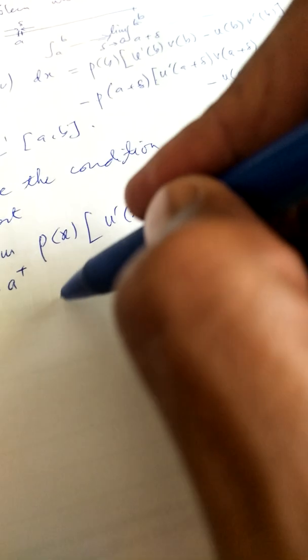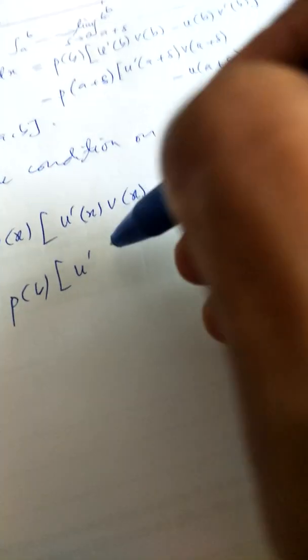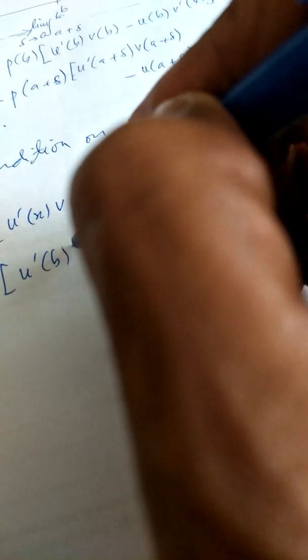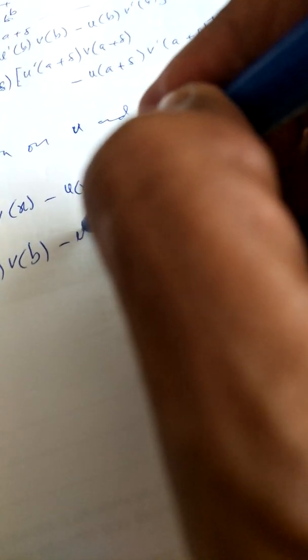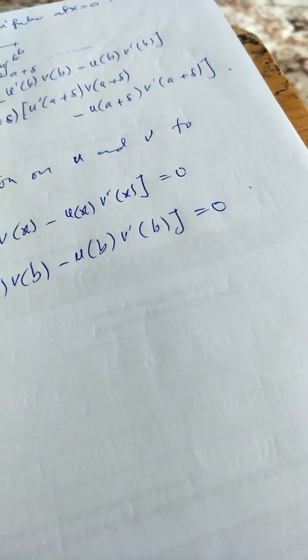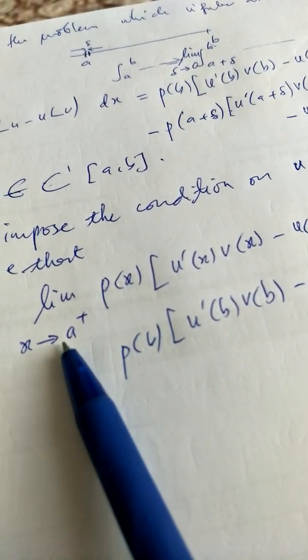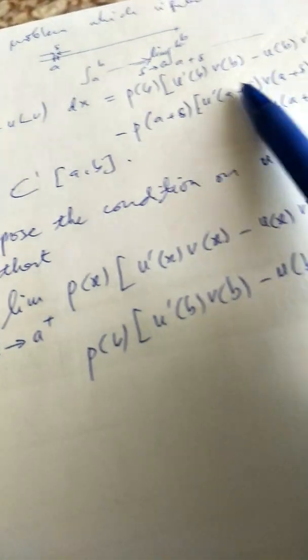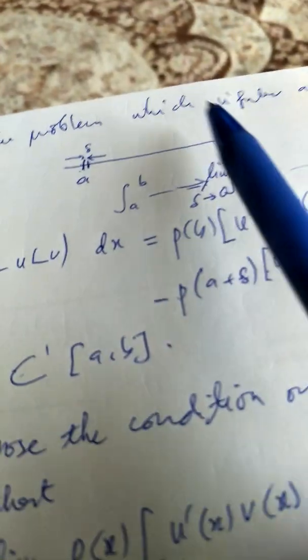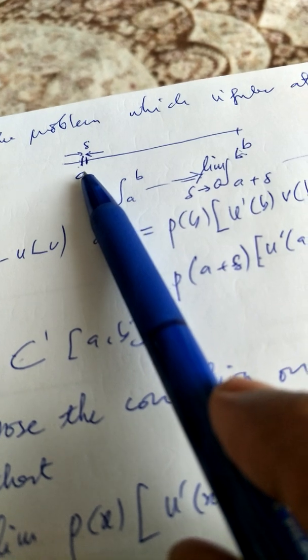And also we have the condition f b u prime b v b minus u b v prime b is 0. So why do we do this? Because if x approaches a from positive, what does it mean?